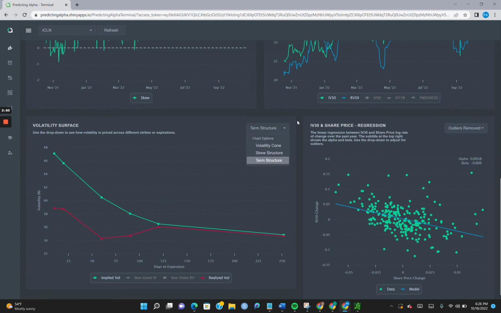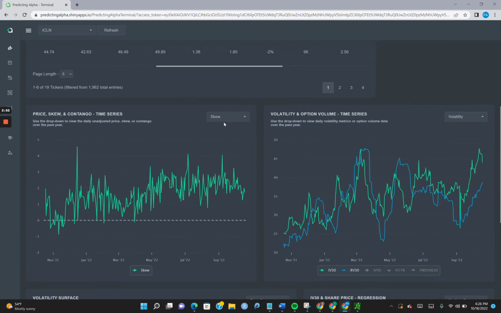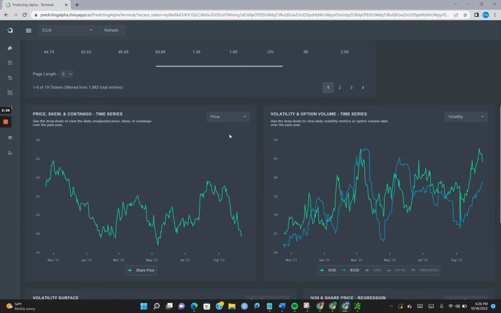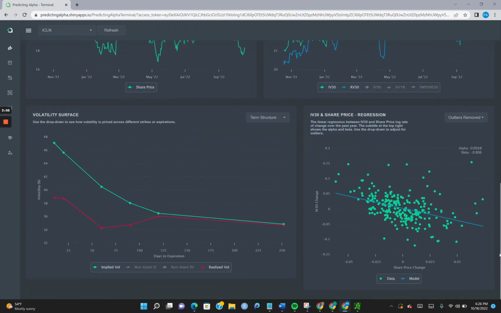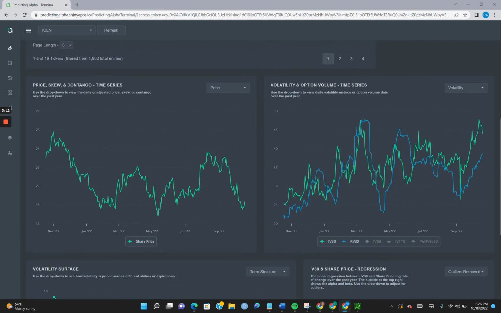Now, if we take a look at the price graph using the Predicting Alpha terminal and the volatility insights tab, we can see this fear has been portrayed from a delta perspective over the past couple of weeks, and it coincides with the recent rise in implied volatility over the past month or so. This confirms a negative correlation between the two. But getting back to the point about inefficiency, most inefficiencies, in my opinion, come from fear and uncertainty.